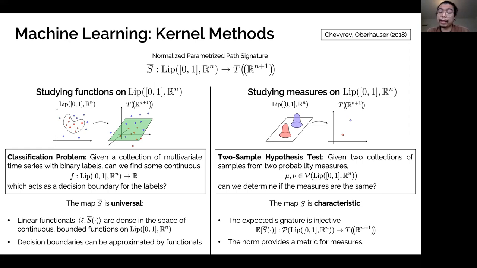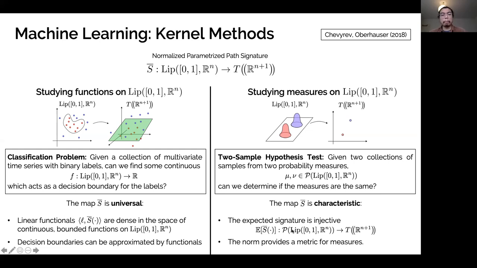So this means that the expected signature is injective. If we take the expected signature, all of these expected signature monomials, we can use these to completely characterize the underlying probability measure on the space. And in particular, we can use the norm on this power series of tensors as a metric for these measures.